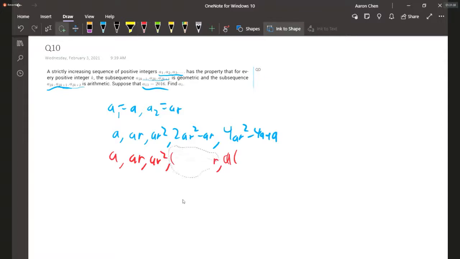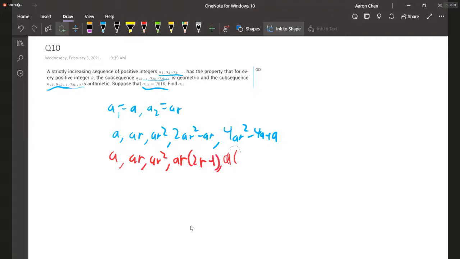Actually, this is a bit wrong. A times 2, okay, AR times 2R minus 1, sorry.